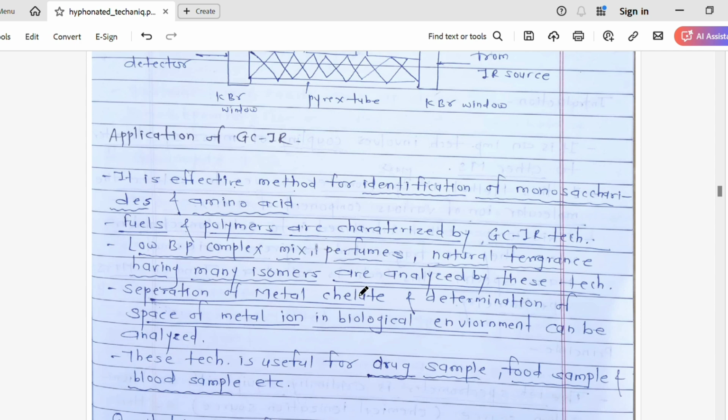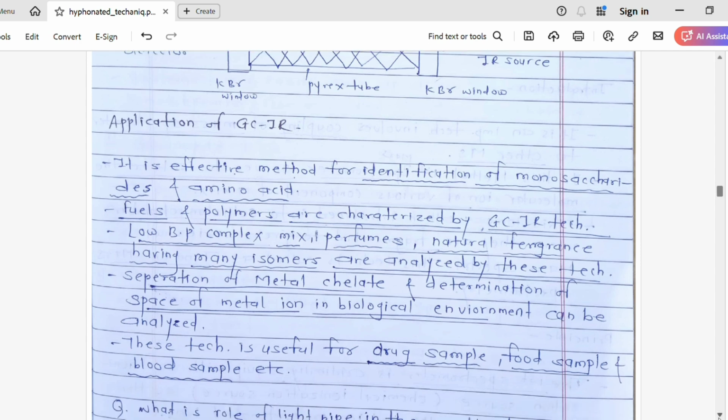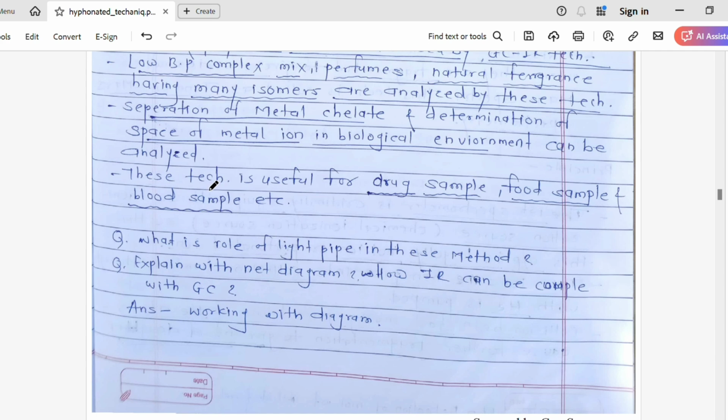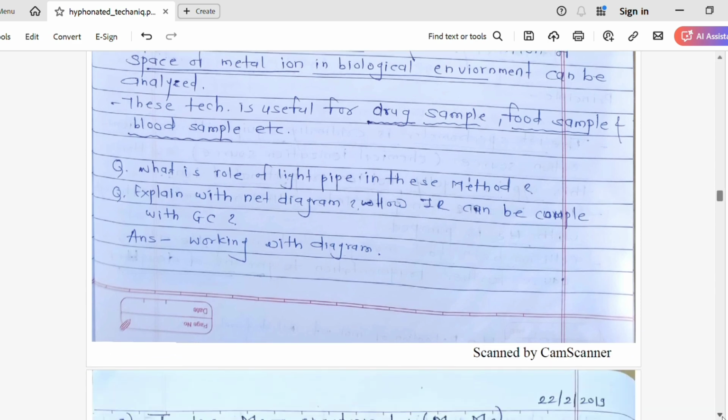And why do we use this technique, GCIR? GCIR is a very important technique for the identification of monosaccharides and amino acids, fuels, polymers, natural fragrances, perfumes, and other materials.